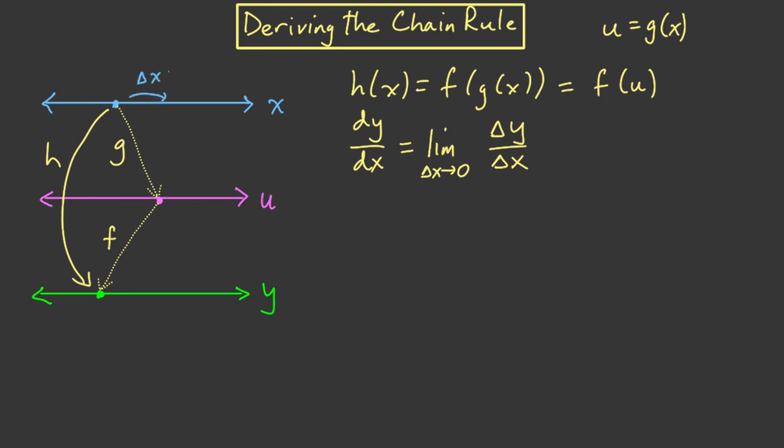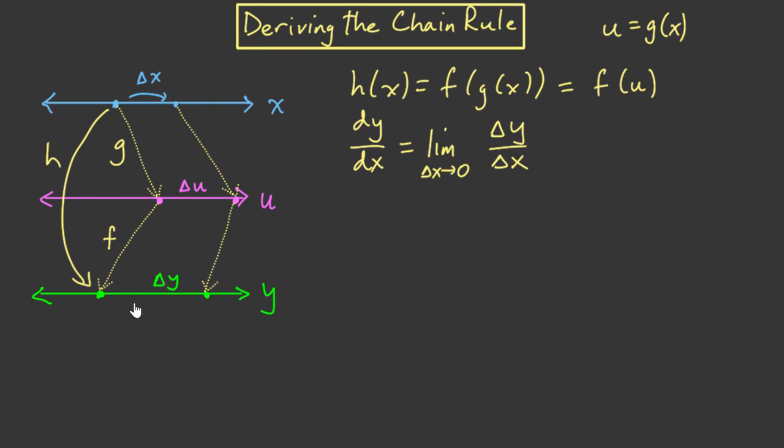We've got a change in x, and that causes a change in u down on this line. So we have a delta u. We've got then a change in y based on that once we apply f. So we're looking for delta y over delta x.